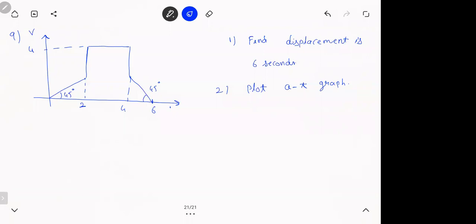A VT graph is given. So from this graph, you need to find out the displacement and the acceleration time graph. Hope everyone remembers in a VT graph, displacement is area, and the slope is the acceleration.